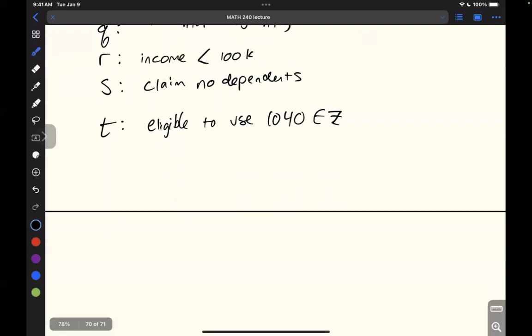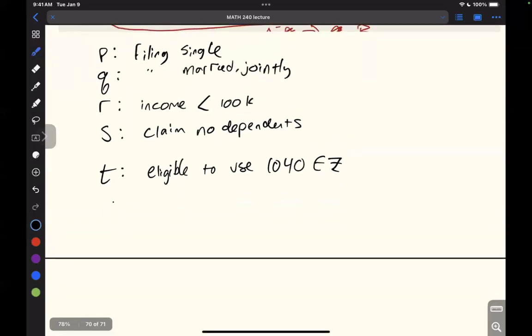All right, so someone read me there. So let's say A is my hypothesis. What's the equation in terms of PQRST? Call it out.